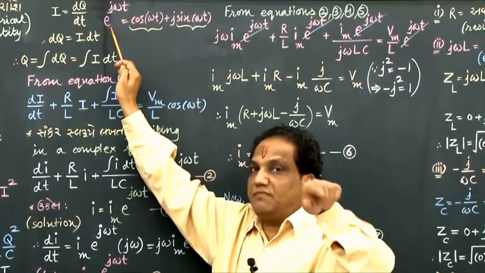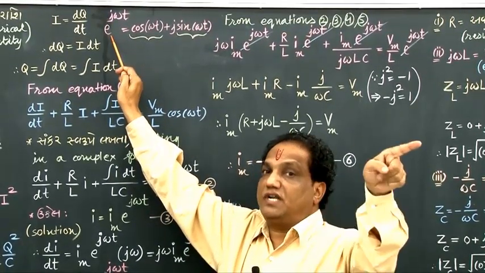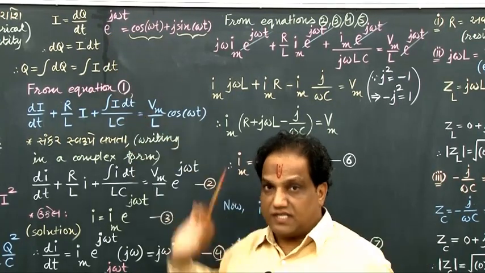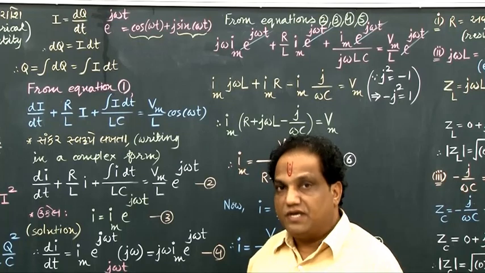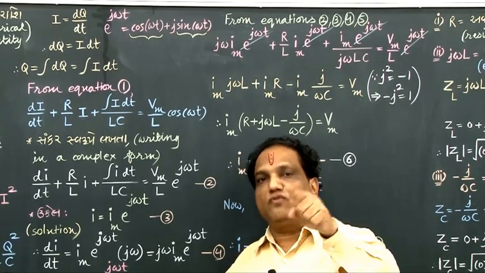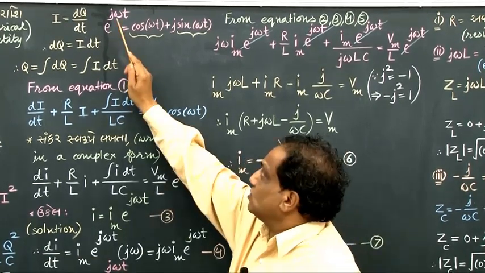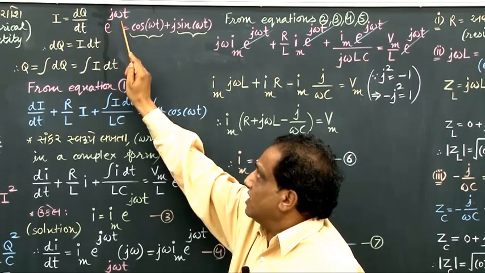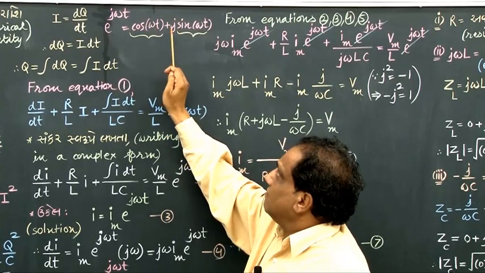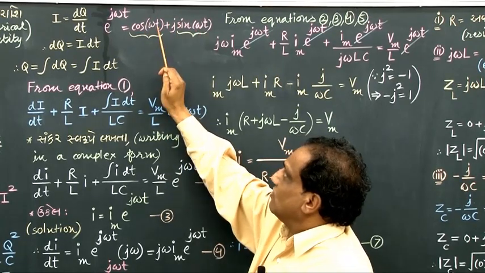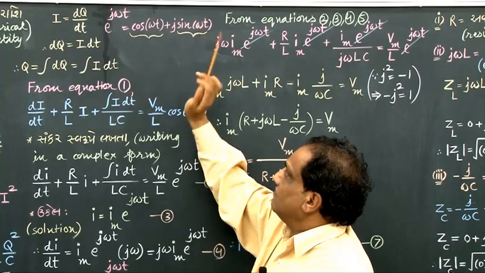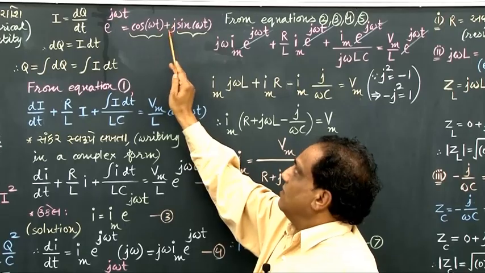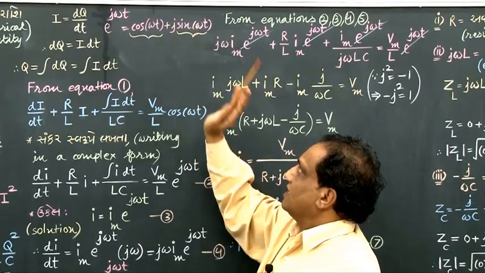Don't you know from last time's discussion, I had proved e raised to j theta equals cos theta plus j sin theta. Instead of theta, you think of omega t. So e raised to j omega t is cos of omega t plus j into sin of omega t.